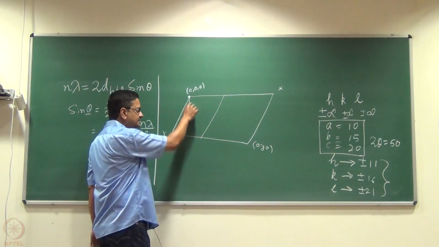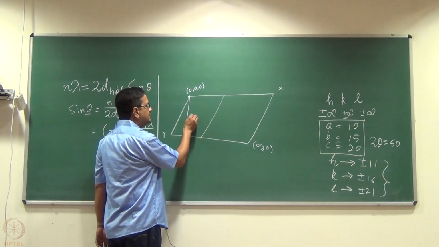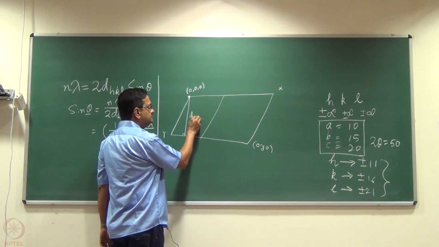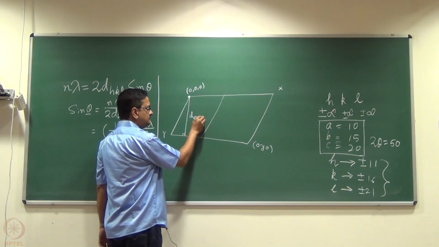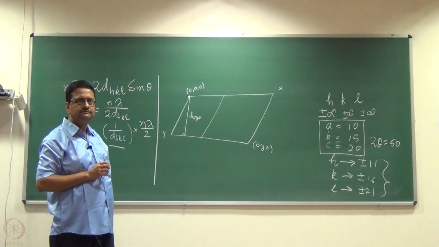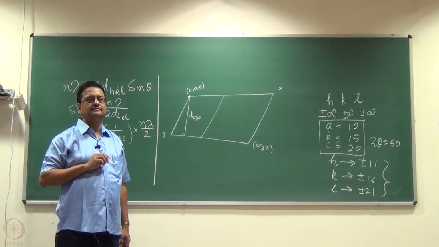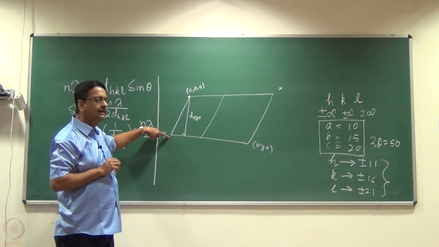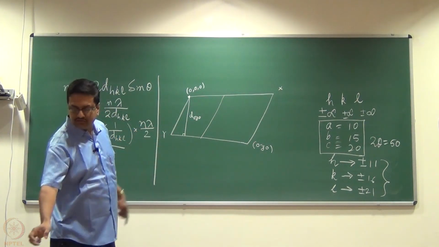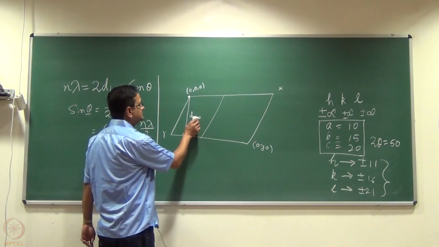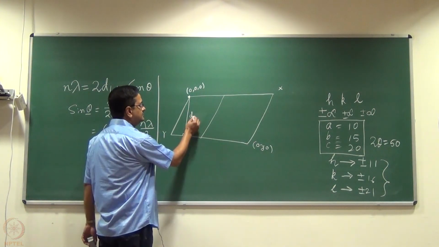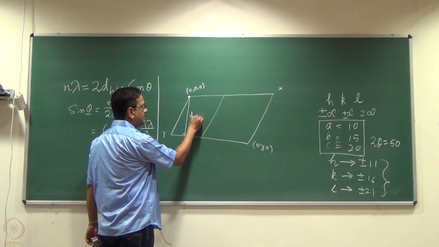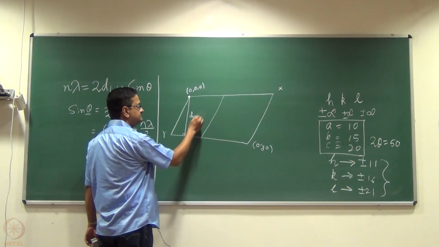So this distance is d 0, y, 0. What is y? It is touching y at one unit. So this distance is d 0, 1, 0.